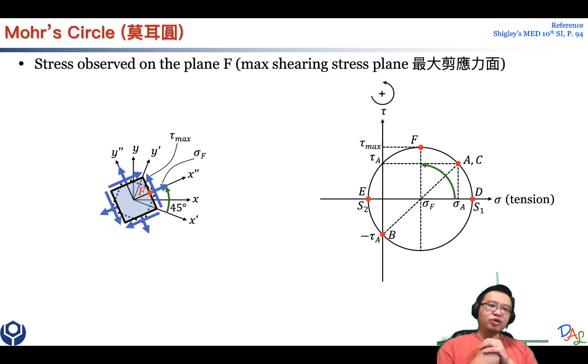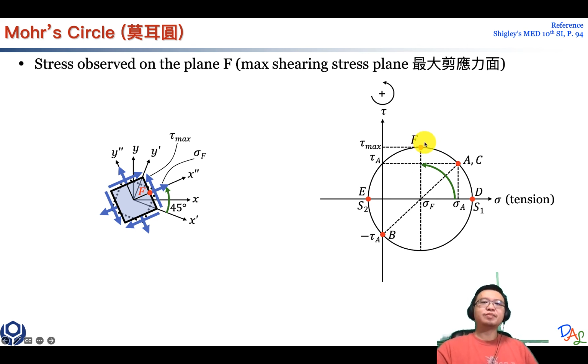So this is also indicating the material is probably going to fail along this orientation. You also need to know how to calculate the maximum shear, because later on we have a model called the maximum shear model, the maximum shearing stress model, and that model requires you to calculate how much shearing stress you have over here.